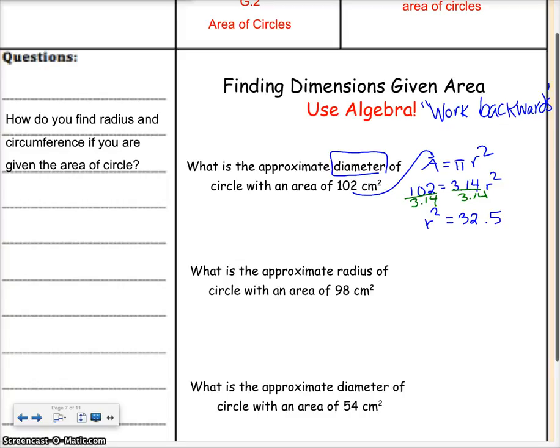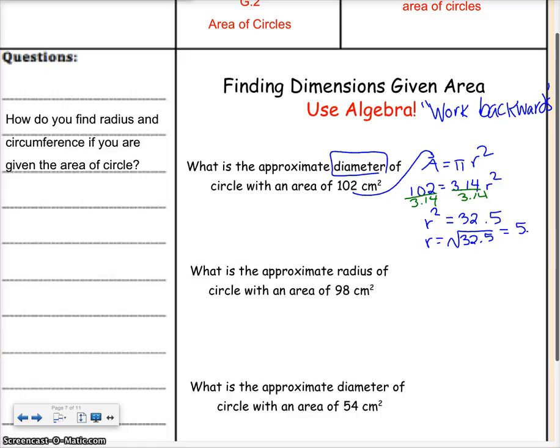So what is the opposite operation from squaring? Not dividing. Square root. So r equals the square root of 32.5. The square root of 32.5 is 5.7 rounded.